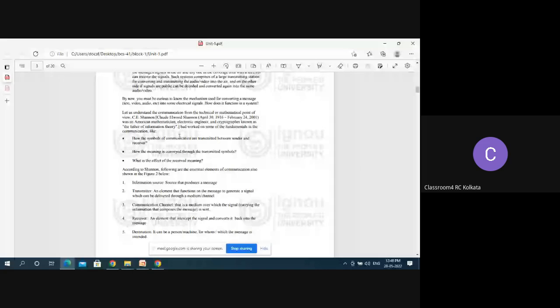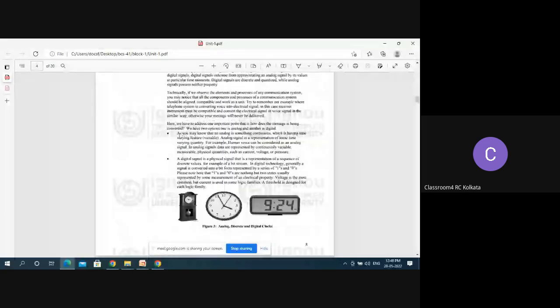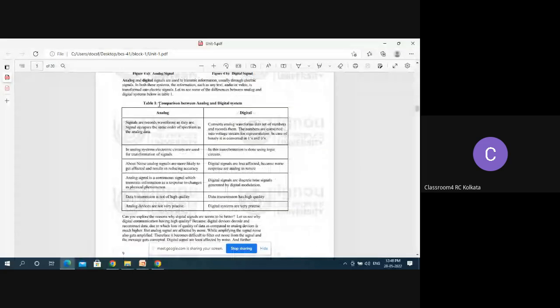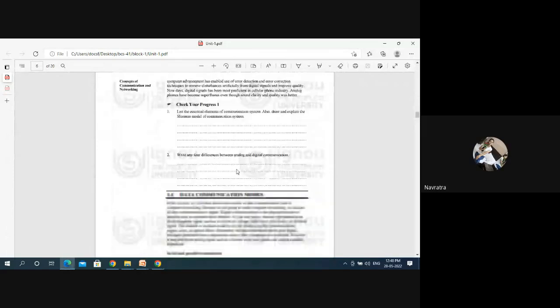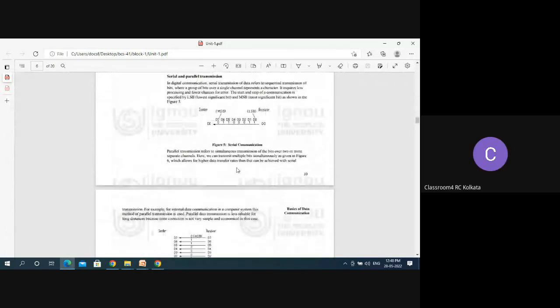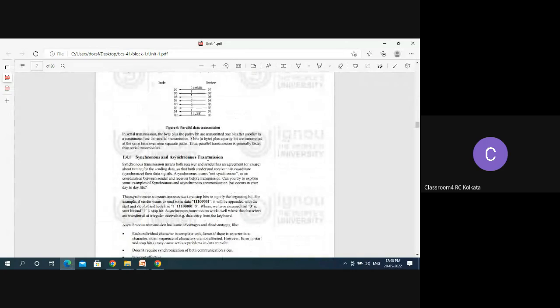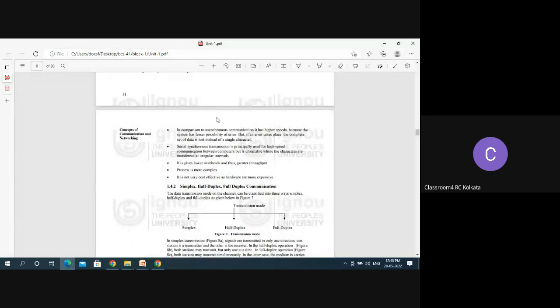You just see here, this portion. Difference between digital and analog signal. Okay. Next, data communication modes: simplex, half duplex, and full duplex. This portion.